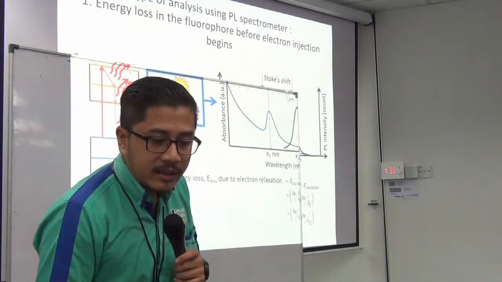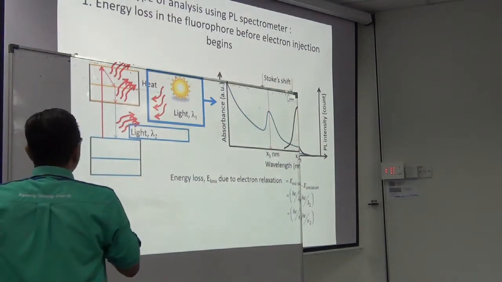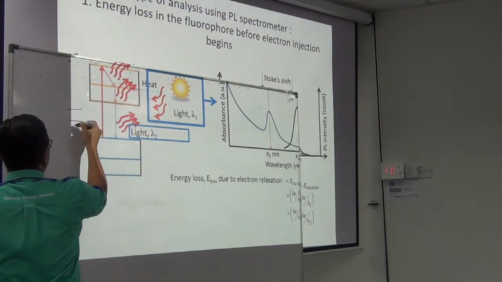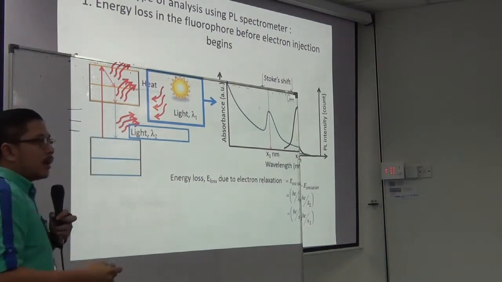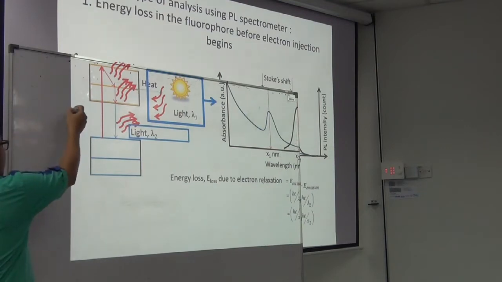So what other sources? Trap states. Trap states appear here, in between the band gap. What are the sources of this trap state?